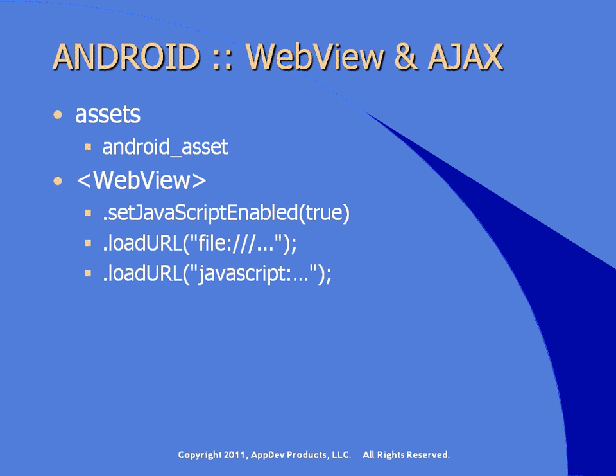If we just say JavaScript colon, what that means is that we want to execute JavaScript within the context of the browser window. And we can call functions that are written in JavaScript from our Android Java code. So this is how we can interact between the mobile phone and the internet, the web, and also local HTML documents.